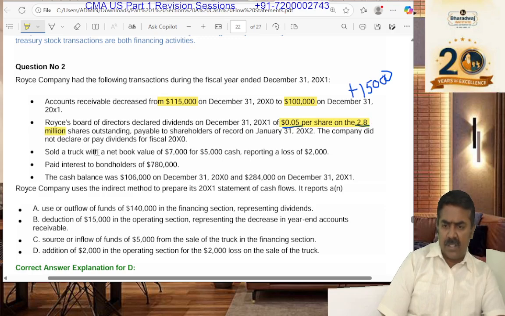They sold a truck with a book value of 7,000 for 5,000 cash, reporting a loss of 2,000. Paid interest to bond holders 7,80,000. Cash balance on 31st December last year and current year is given to us. They use indirect method of reporting net cash flow.